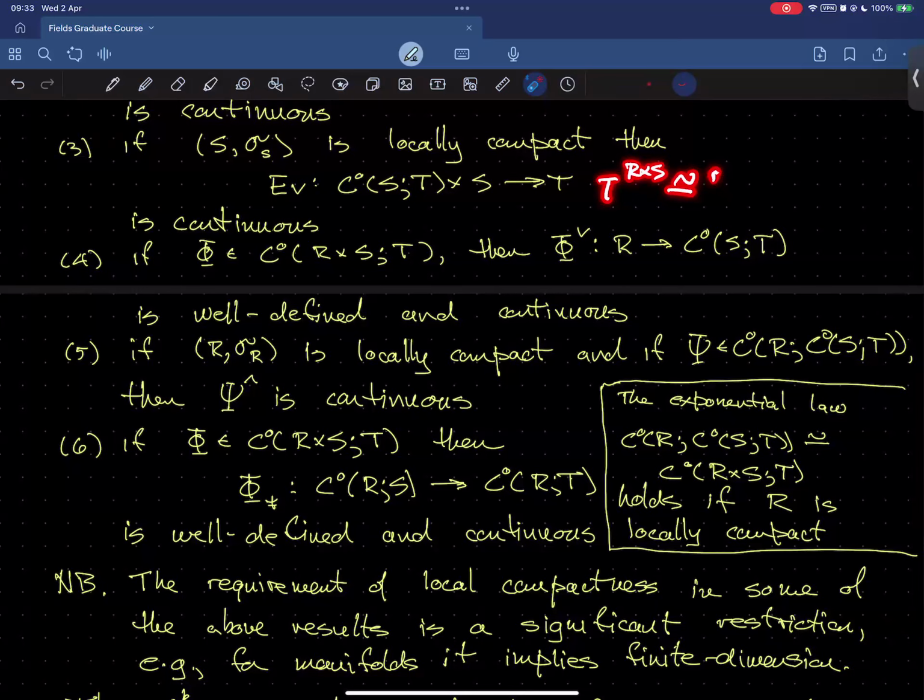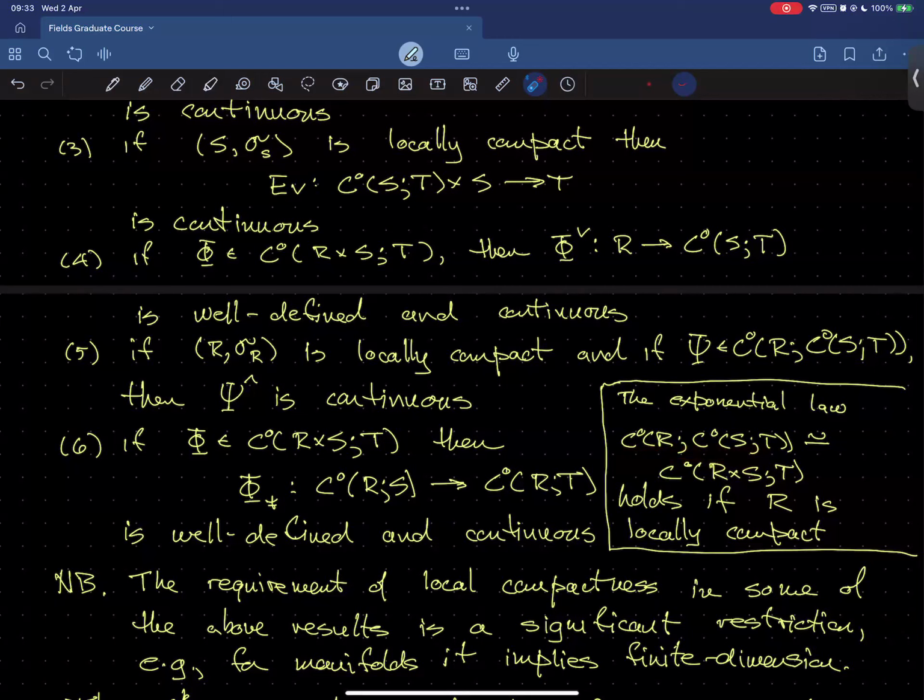So it's T to the S to the R, okay? That's just for sets, and we saw that that held for sets. So for continuous mappings, it looks like this, okay? So it's continuous mappings from the product and continuous mappings from R into the space of mappings.